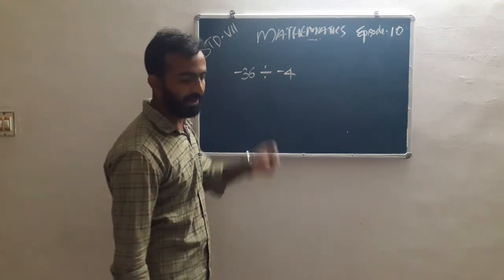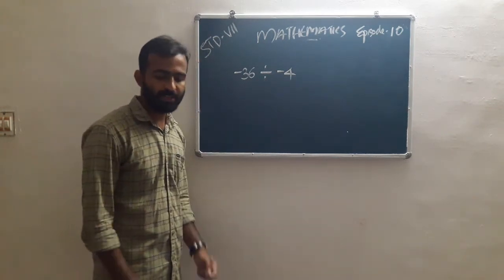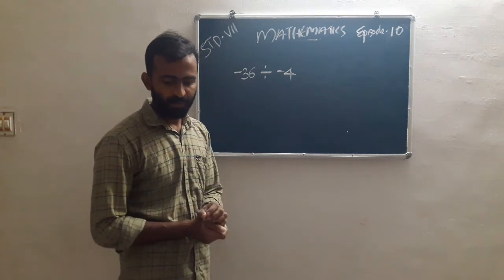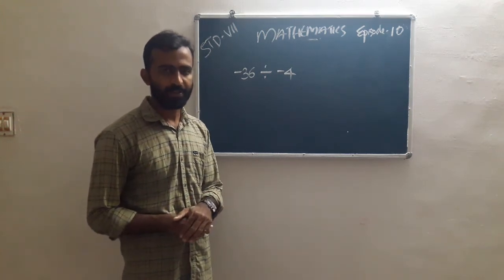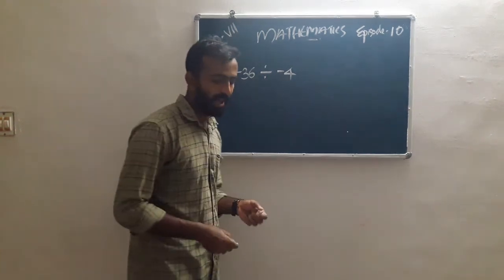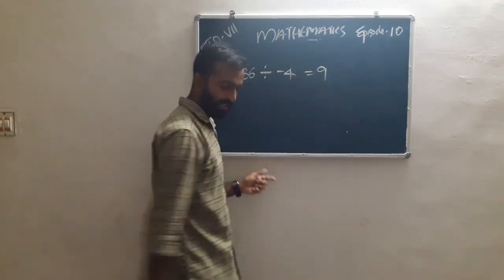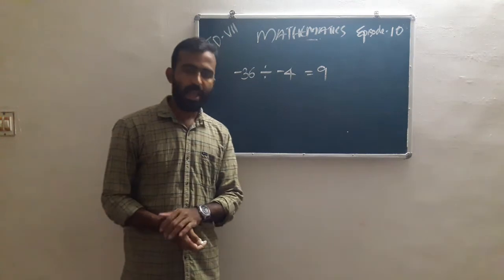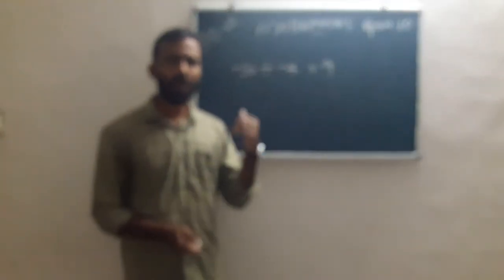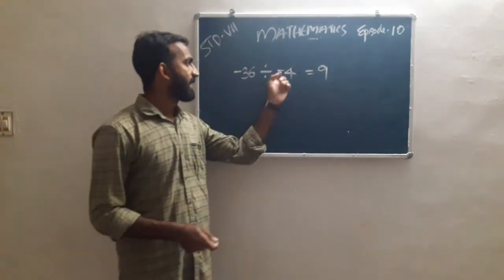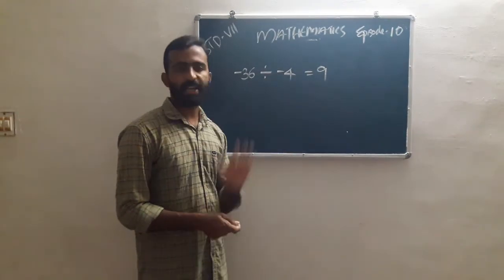What is the answer? The answer is 9. Any doubt? Negative 36 divided by negative 4 is 9.